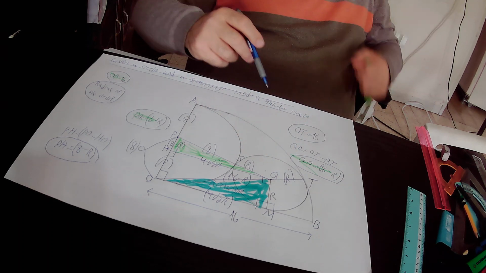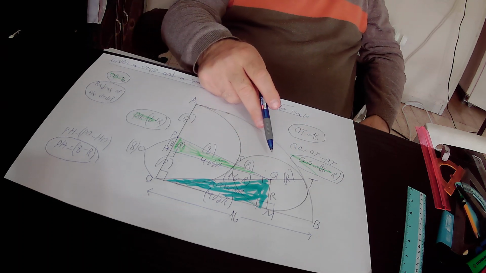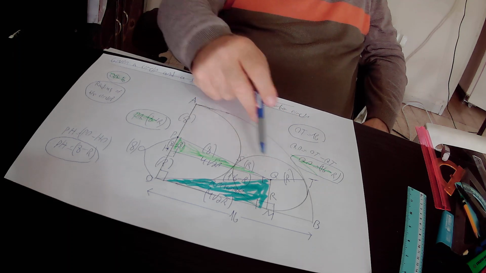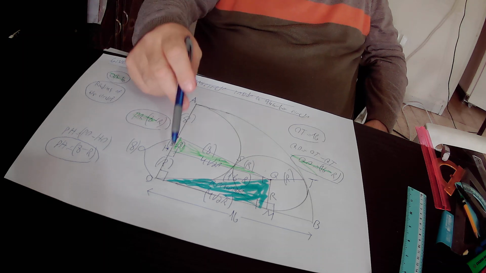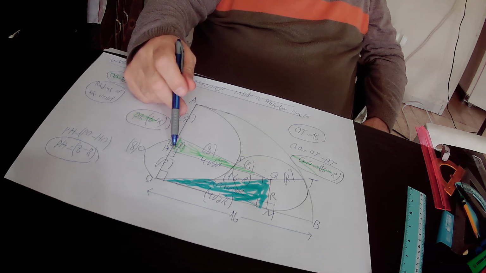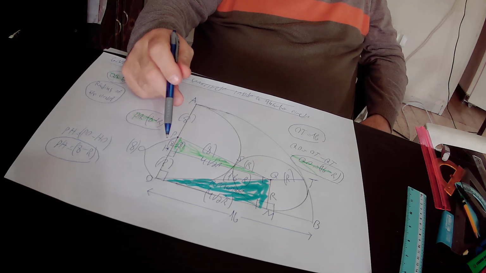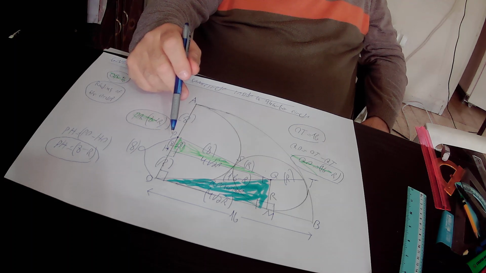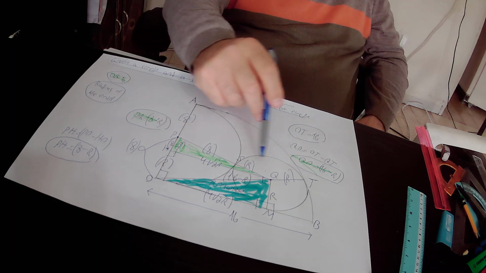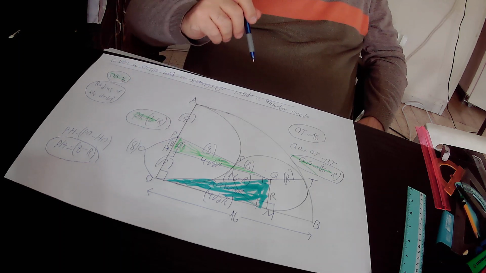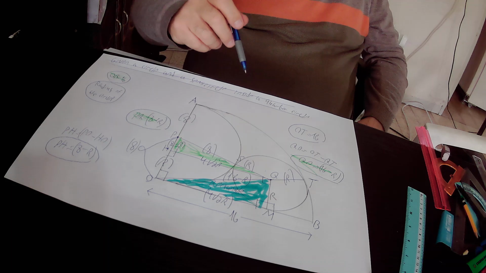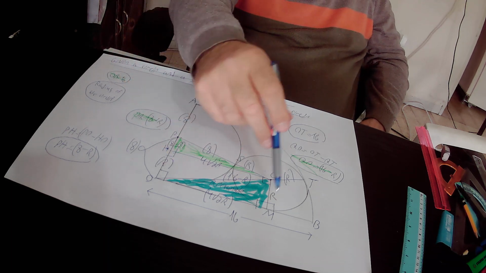In the next step, from point Q, the center of this small circle, we draw a perpendicular to AO. So this angle equals 90 degrees, and this angle also equals 90 degrees according to our construction. We define the touching point of the perpendicular from point Q and AO as point E. By this construction, we create the quadrangle QEOM.